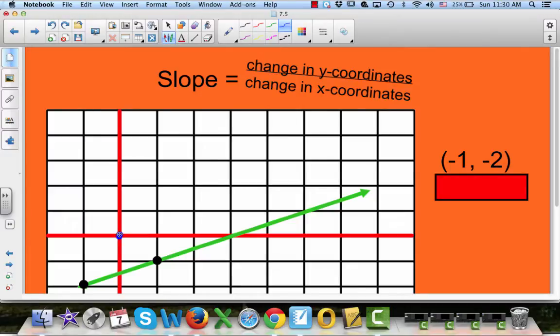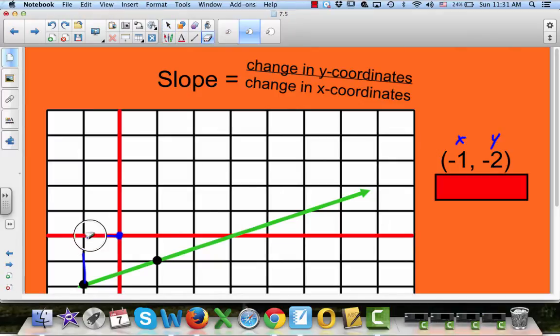So you start here, and it says -1. That means you went left 1. -2 means you went down 2. And that's how you got to this starting point. So that first point is -1, -2. This is the x-coordinate. This is the y-coordinate.